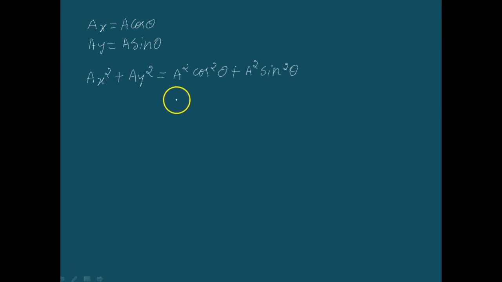So by simple trigonometry, we know that cos square theta plus sin square theta is how much? Yes, that is equal to 1. So from this equation, you just take a square common. We get cos square theta plus sin square theta.